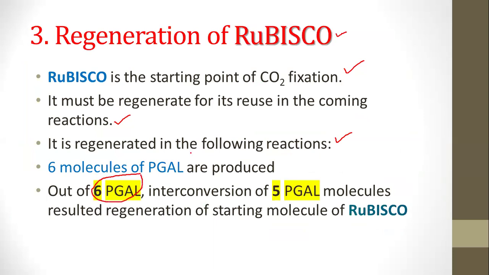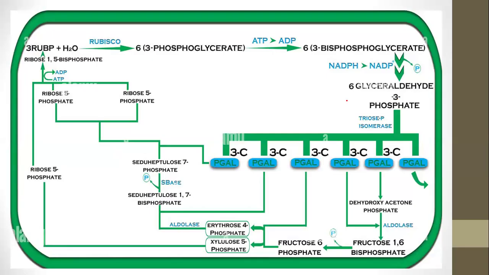The phosphoglyceraldehyde is also known as the glyceraldehyde 3-phosphate. These are the same molecules. The glyceraldehyde 3-phosphate molecules are converted into 6 molecules of the 3 carbon compound known as the phosphoglyceraldehyde.